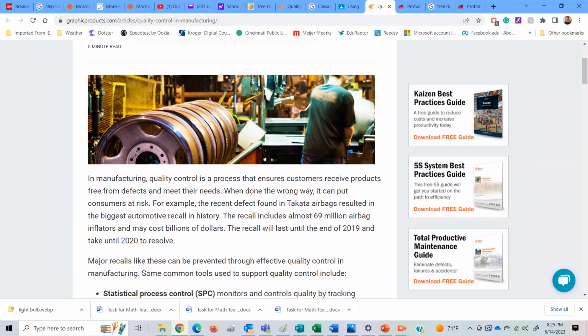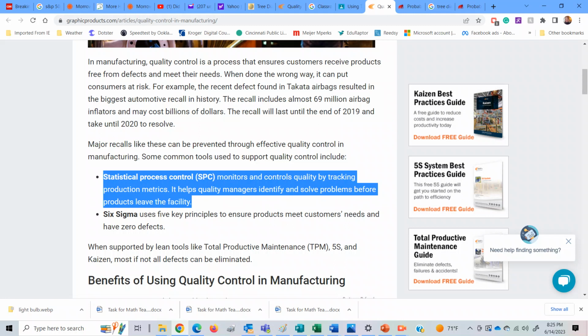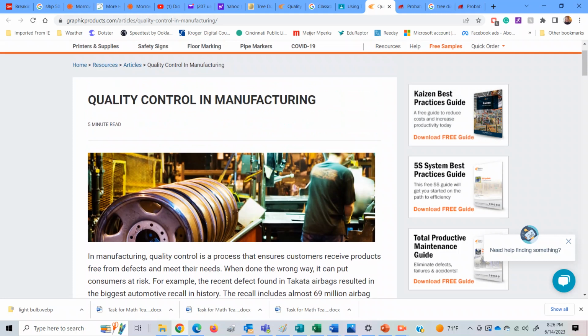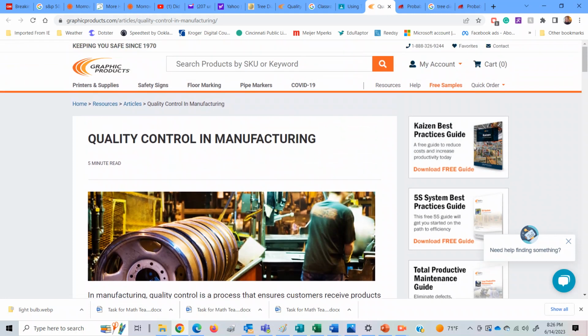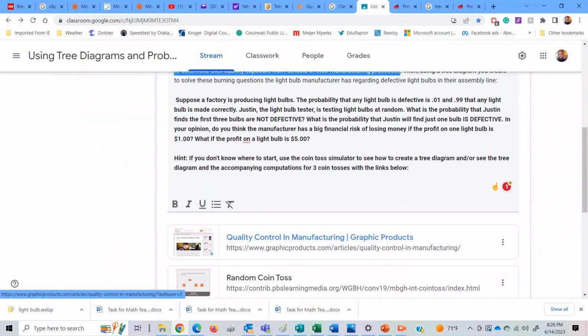There may be a couple students that may not be able to get through it because it's a little detail oriented, but right away it talks about how they use statistics to determine the liability from defects. And that's what our class is, AP Statistics. So that's the second step that they would do.